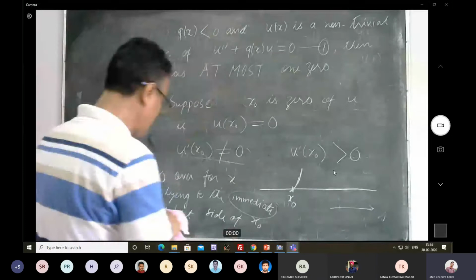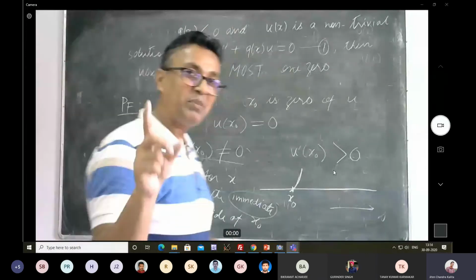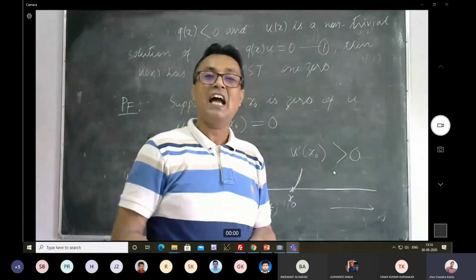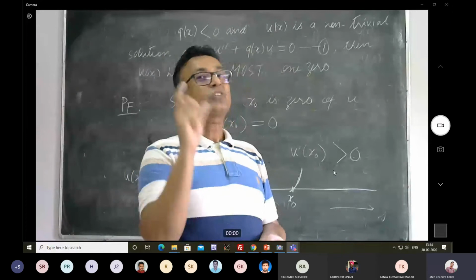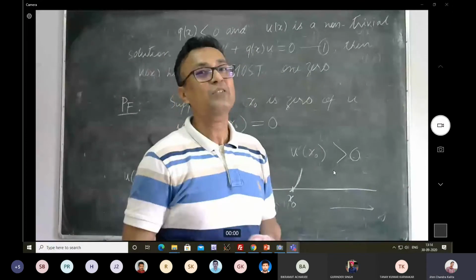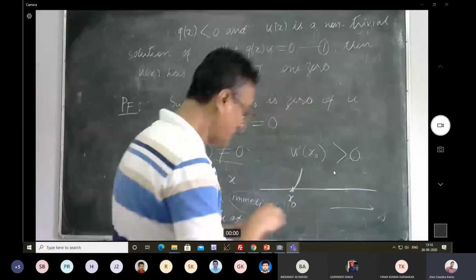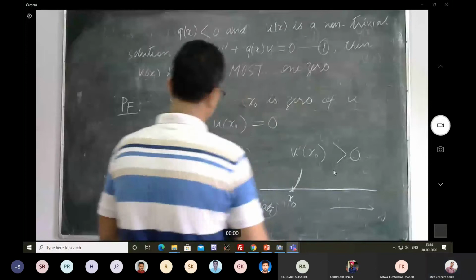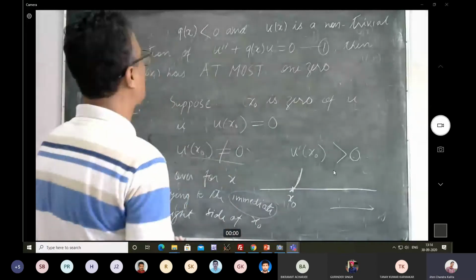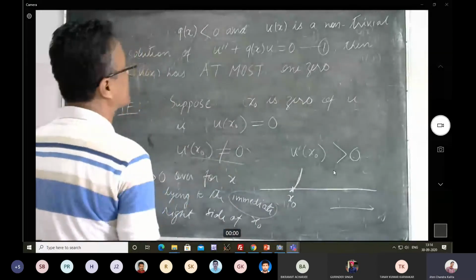Now, I have been telling you about having an extra auxiliary relation at hand, which is going to help us in proving the theorem smoothly. Now look at the original differential equation here.